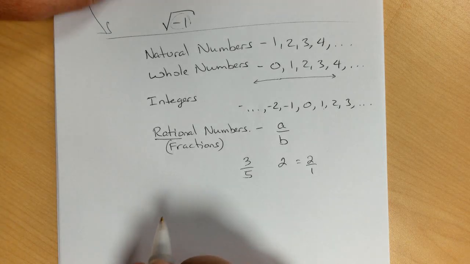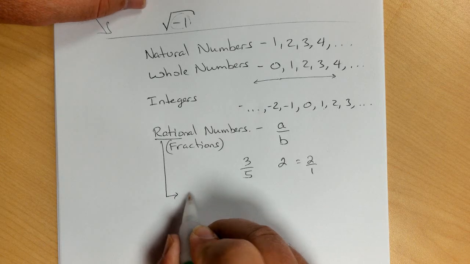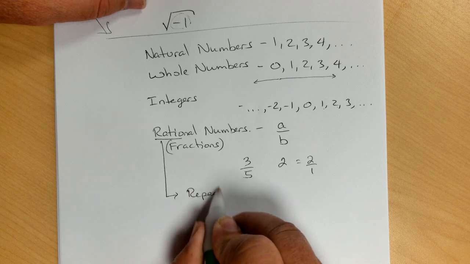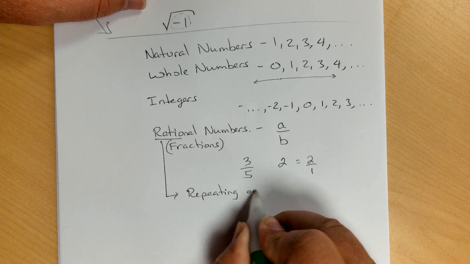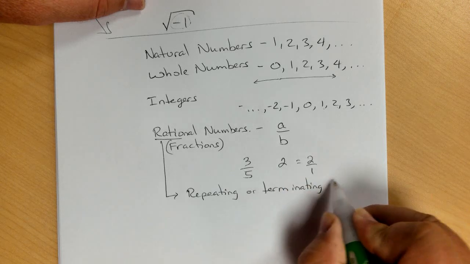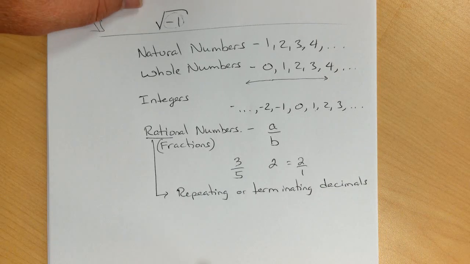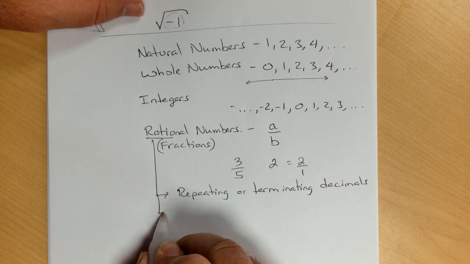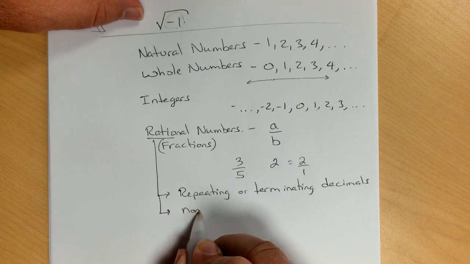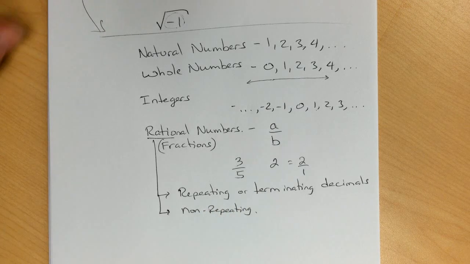In rational numbers, you can have repeating or terminating decimals, or non-repeating numbers.